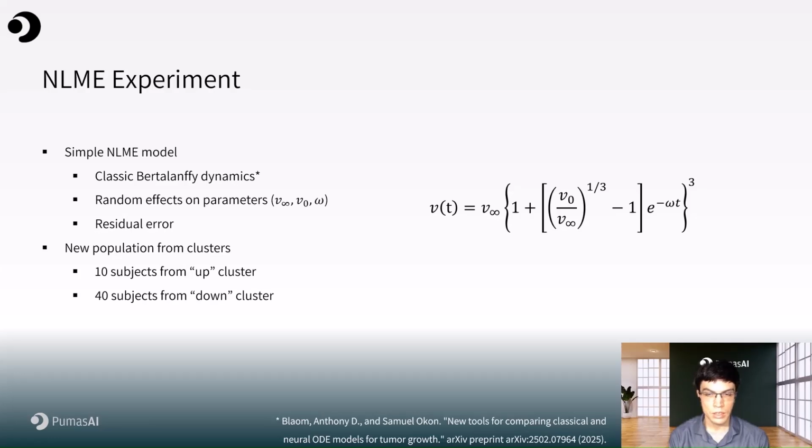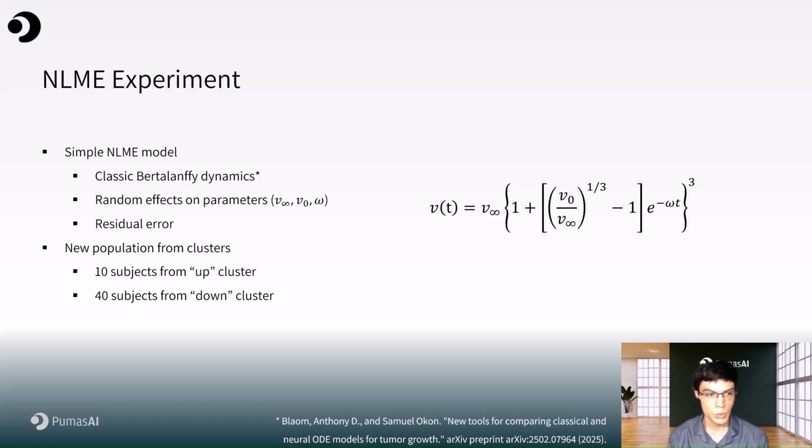We added on top of that random effects on the parameters, those being V infinity, which is the steady state total volume of lesions by the end of the trend of the patient, V0 representing the initial total volume, and omega showing up from the reparameterization done by these authors. And of course, lastly, we also included a residual error term in the model.